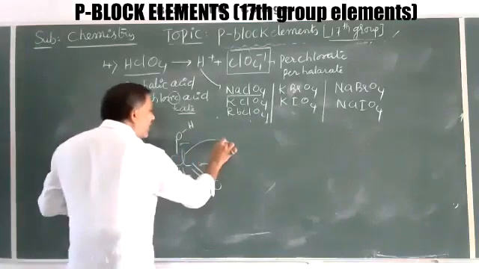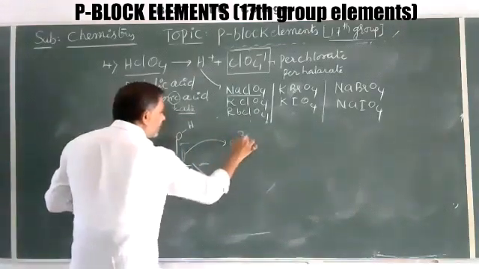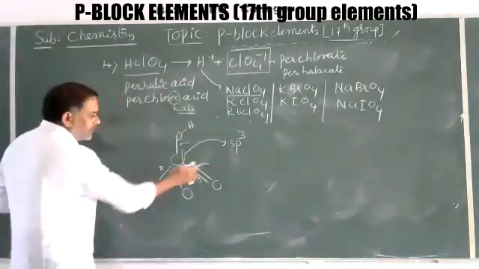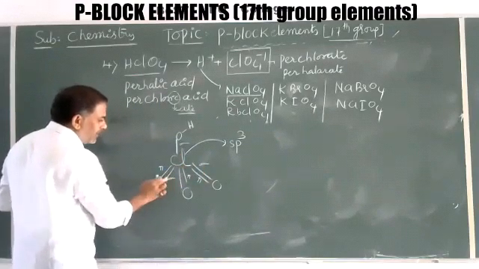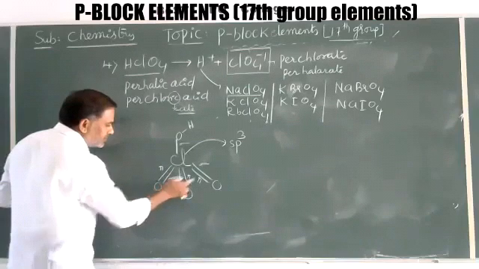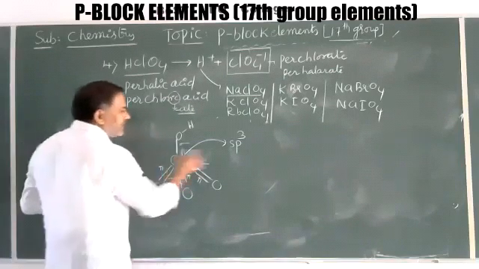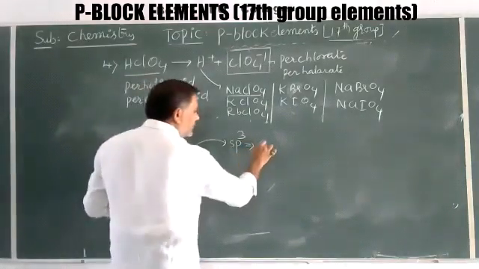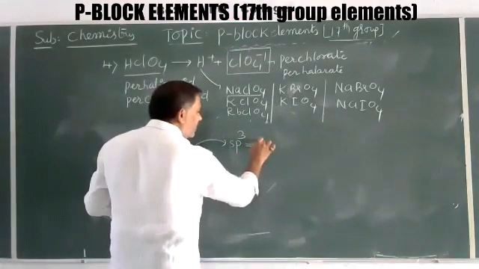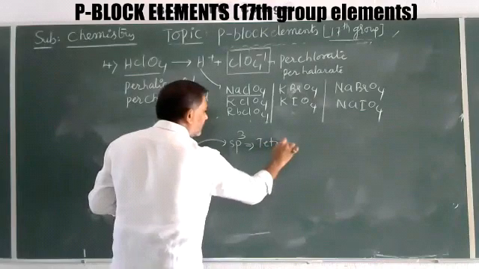This chlorine undergoes sp3 hybridization because there are 4 sigma bonds, and there are no lone pairs. That's why it is sp3, which means tetrahedral.